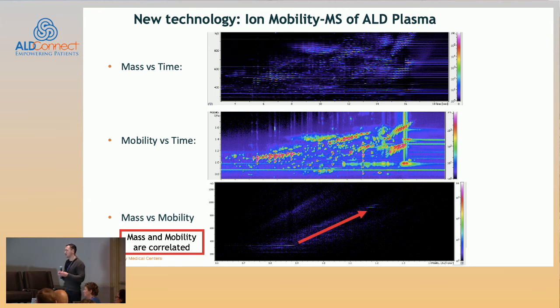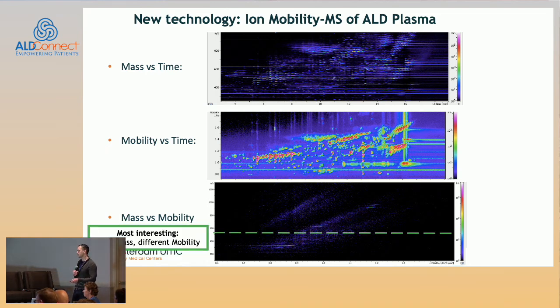If molecules tend to increase in mass, so they get bigger, they tend to also increase in mobility. However, the most interesting molecules are on this horizontal line here, because these are molecules that have the same mass, so you are not able to separate or analyze them with mass spectrometry alone, but they do have different mobility values.